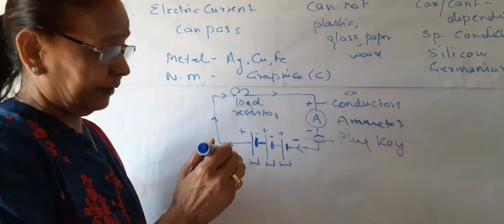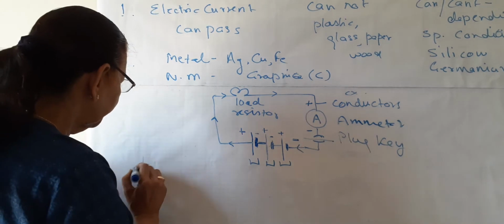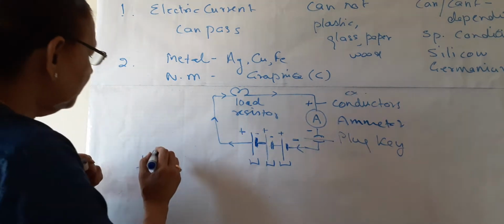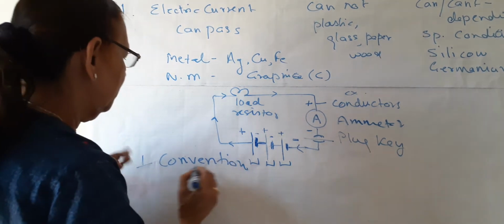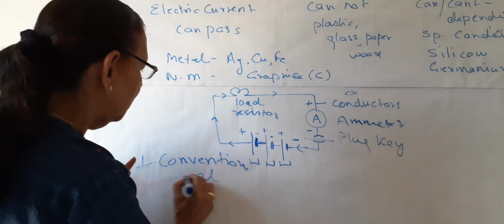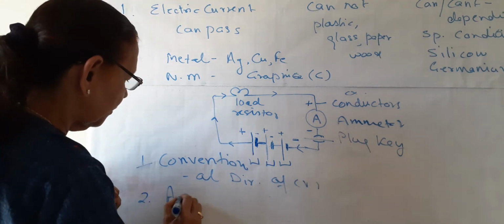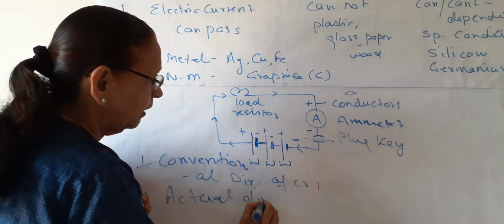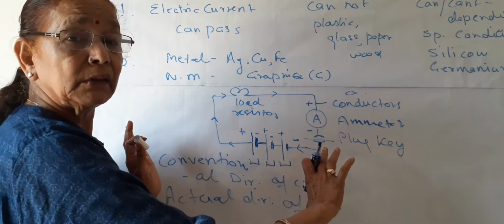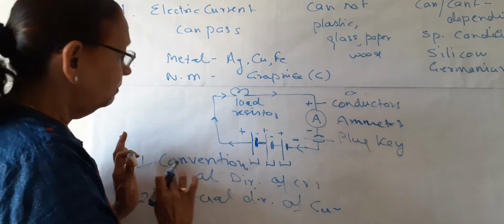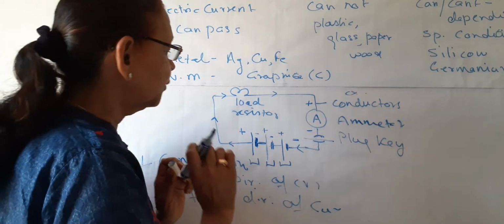Now, before coming to the electric current, I want to tell you one thing: the direction of current. The direction of current can be studied in 2 ways. One is the conventional direction of current, and second is the actual direction of current.